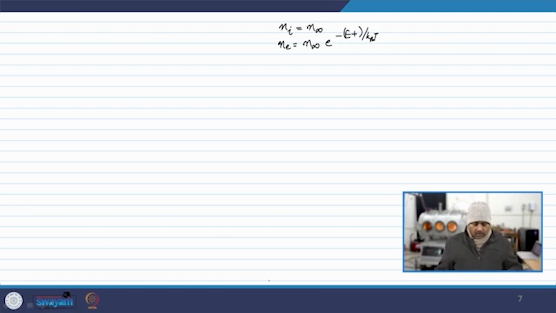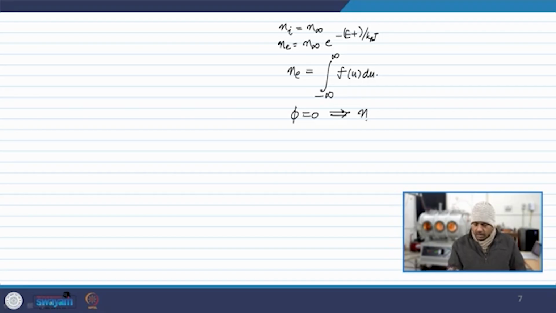Now, what we have to do is, let us say the kinetic energy is there, of course, when phi is 0. How will you find the number of electrons? Since we have written the distribution function, the number of electrons can be the integral from minus infinity to infinity of f of u du, right. So, at equilibrium, when phi is 0, we have the condition that the number of ions is equal to the number of electrons.